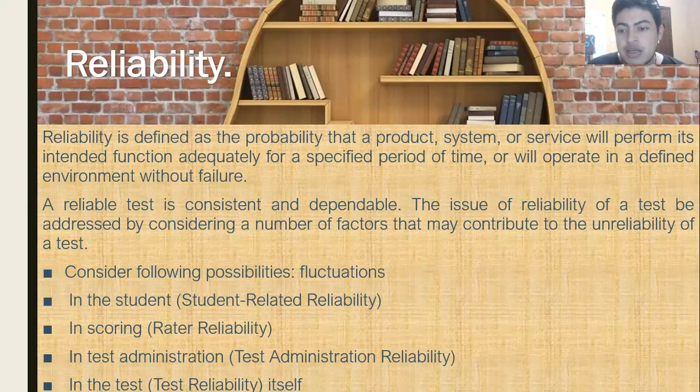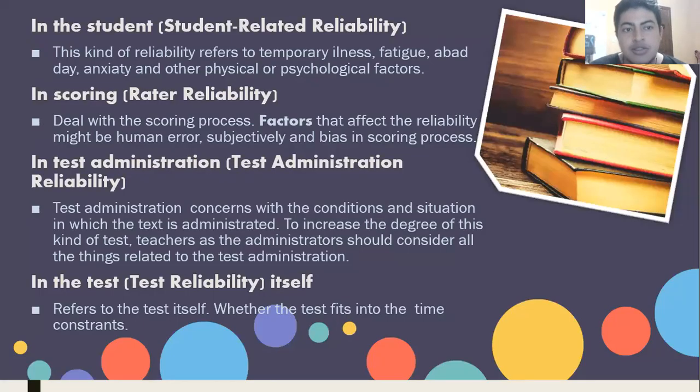The issue of reliability of a test can be addressed by considering a number of factors that may contribute to it. Consider the following possibilities: fluctuations in the student, student-related reliability, scoring or rater reliability, test administration reliability, and test reliability. The first is student-related reliability.